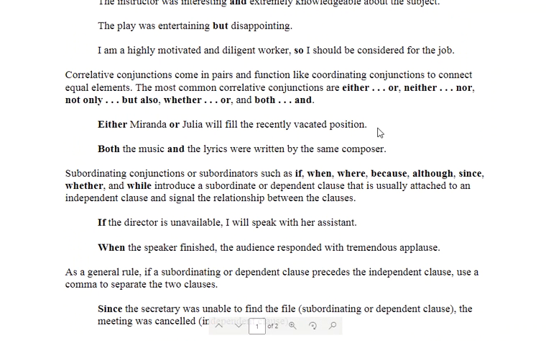In a compound sentence, it's a different story. We use either/or for this.